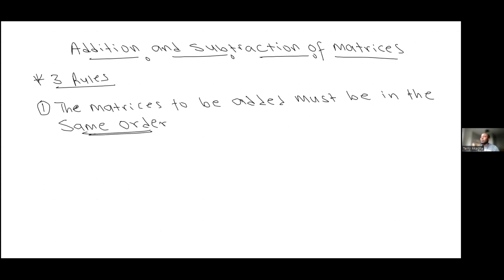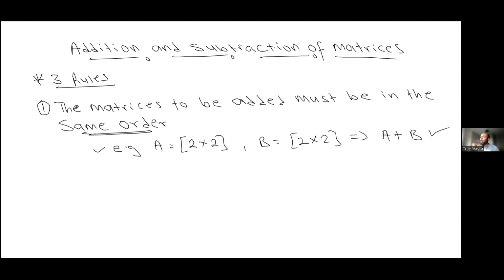So let's pick an example. If A is a 2 by 2 and B is also another 2 by 2, then we can find A plus B. Very good.